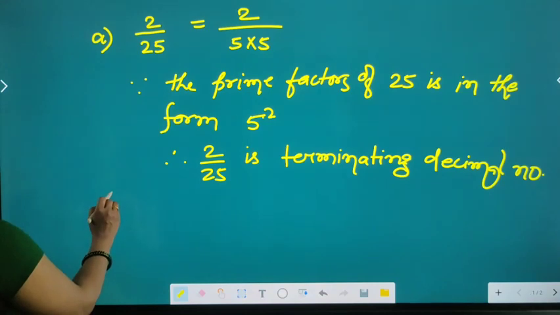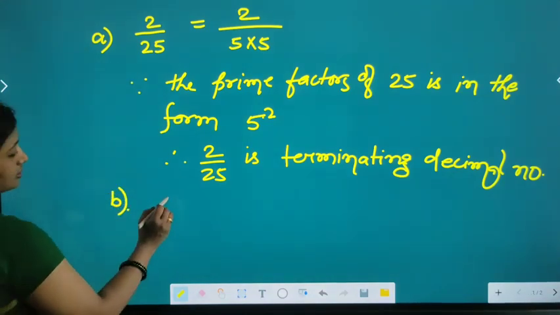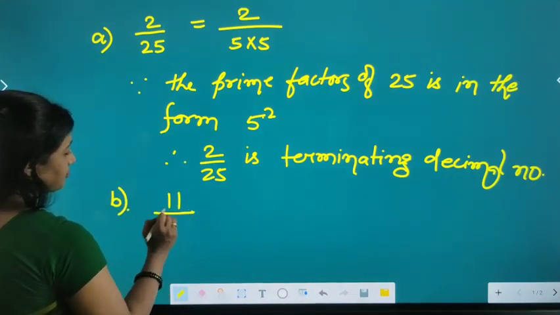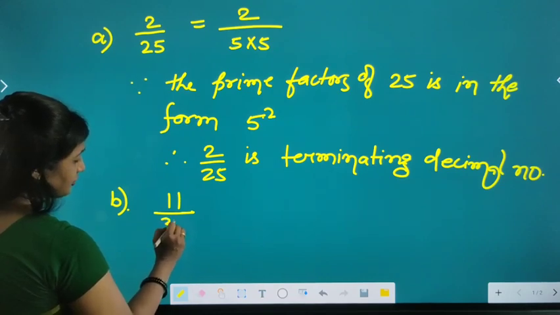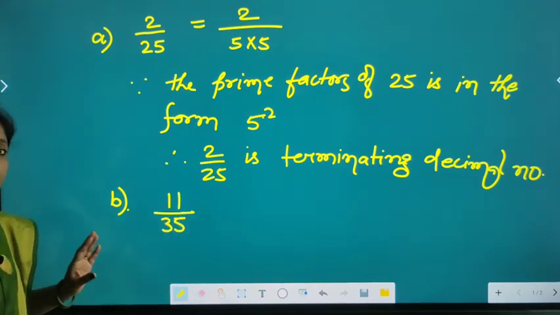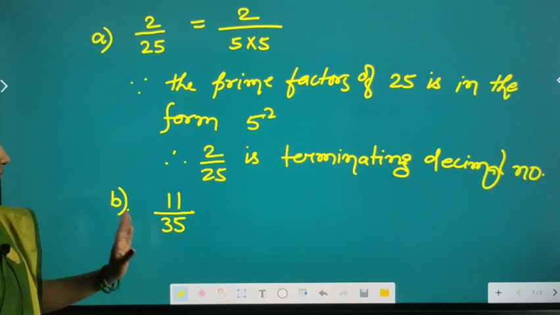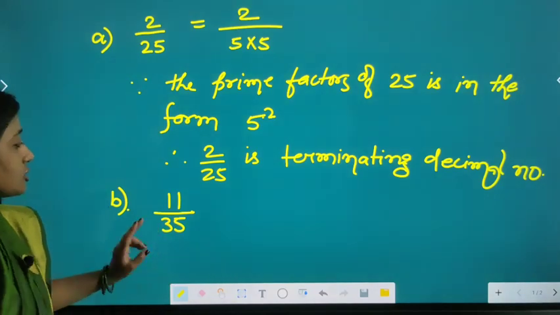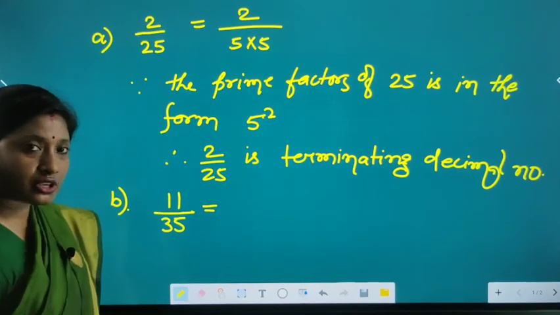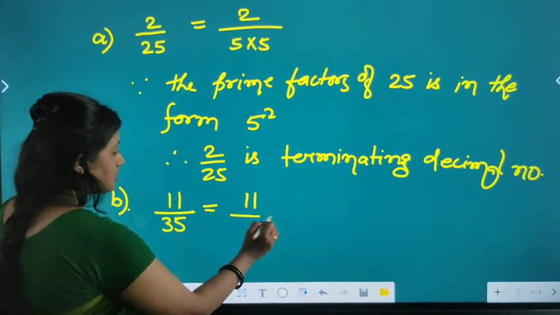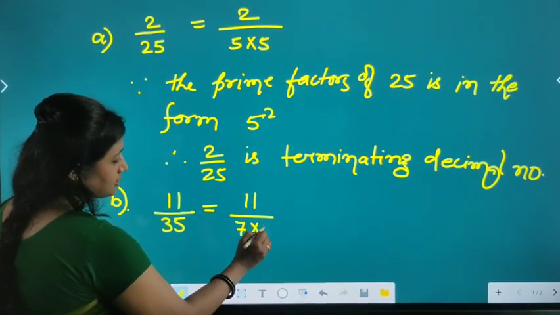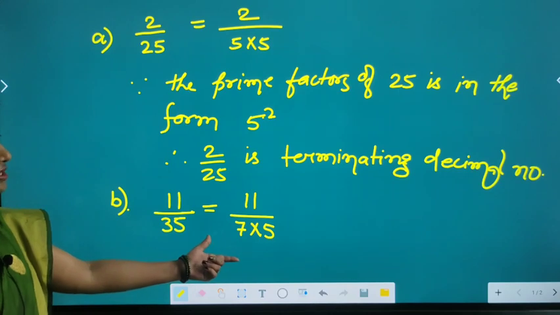Now look at one more example. Suppose here it is 11 by 35. Again we will check the denominator first, that is 35. Write the prime factorization of 35: 7 fives are 35. Both are prime numbers.